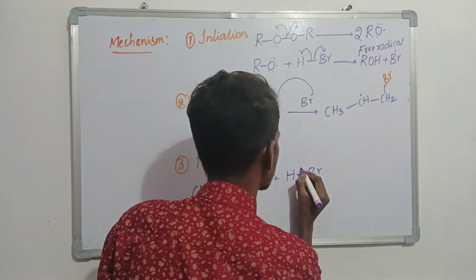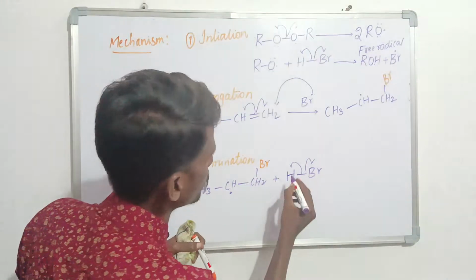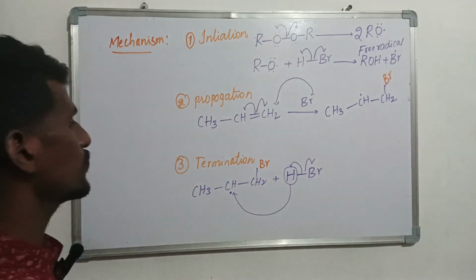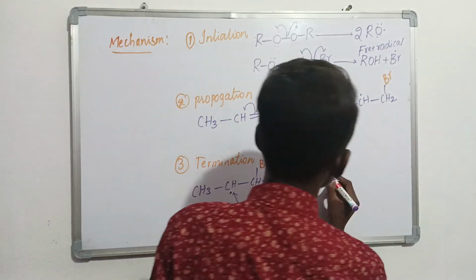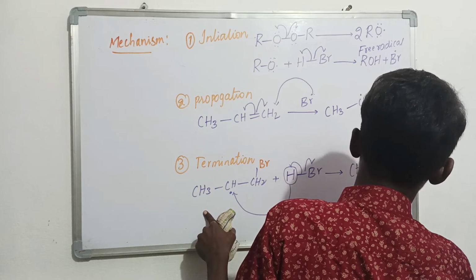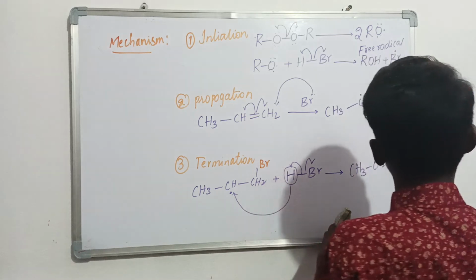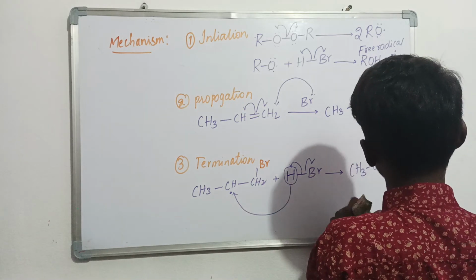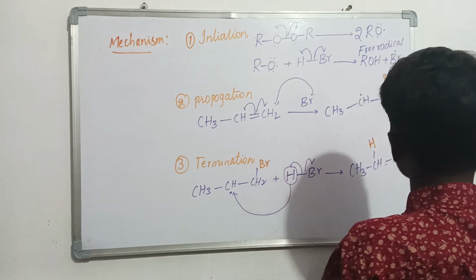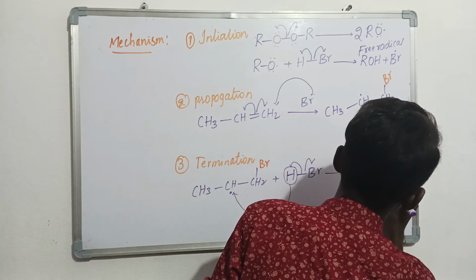The Br dissociates and the hydrogen atom is attached to this radical, and it is converted into the haloalkane, CH2 Br, 1-bromo propane.